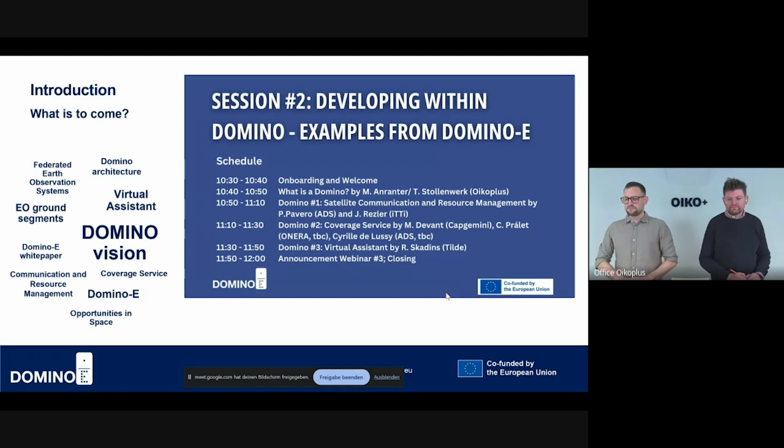And then we will have colleagues from the project, from Airbus, from ITTI, from ONERA, from Capgemini, from Tilde, from basically 6 different partners all over Europe that are contributing to the Domino project, and they will explain the very dominoes that they are developing by themselves within Domino-E.